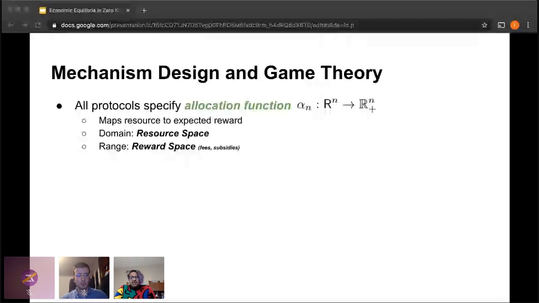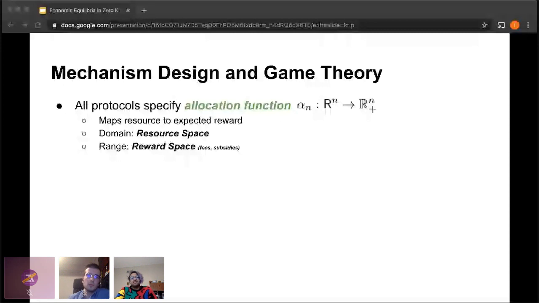Now, an allocation function is really a map from a resource space, usually some metrizable, measurable space, to a space of rewards, which is usually, in this case, the positive reals, positive orthant, I guess.